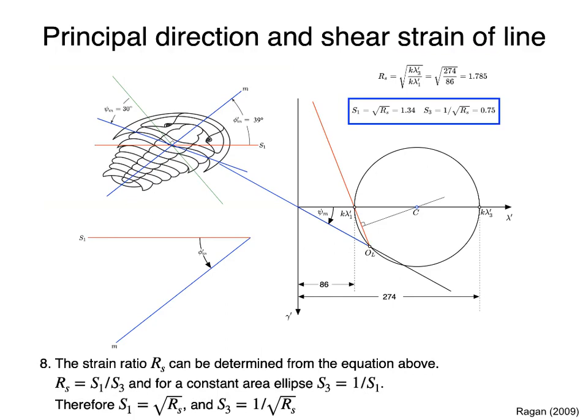Though we don't know, let's assume the deformation is plane strain and constant area. Then, S3 is equal to 1 over S1, and S1 is equal to the square root of Rs, or 1.34, and S3 is equal to 1 over the square root of Rs, or 0.75. This is the end of the exercise.